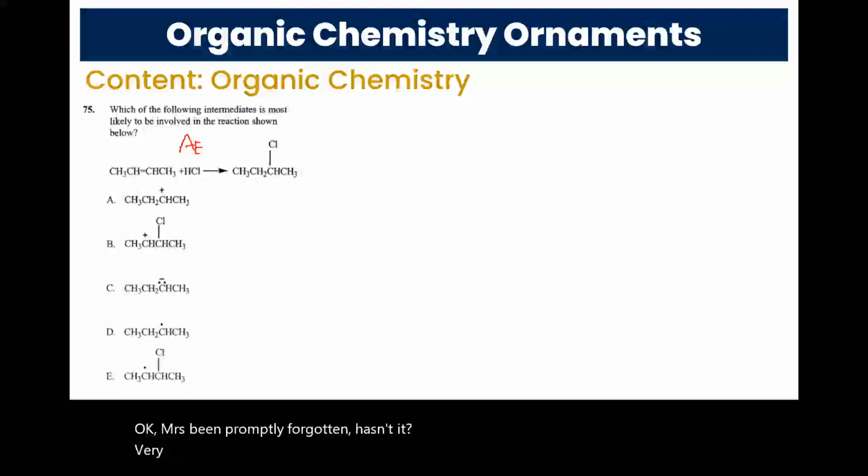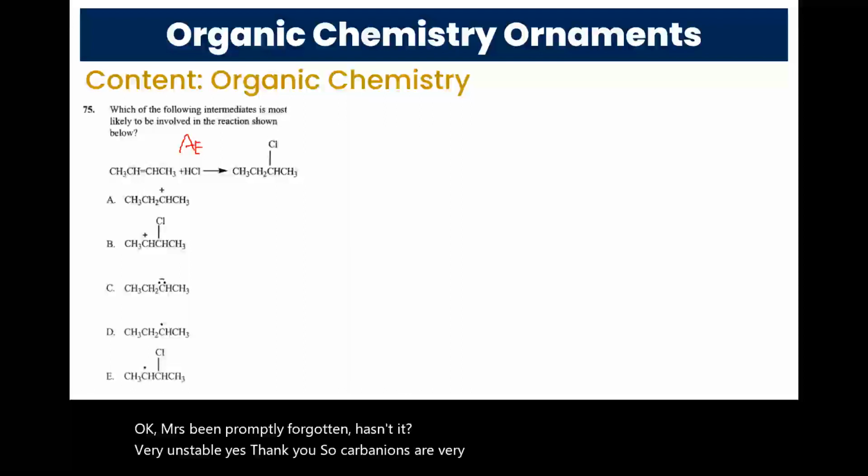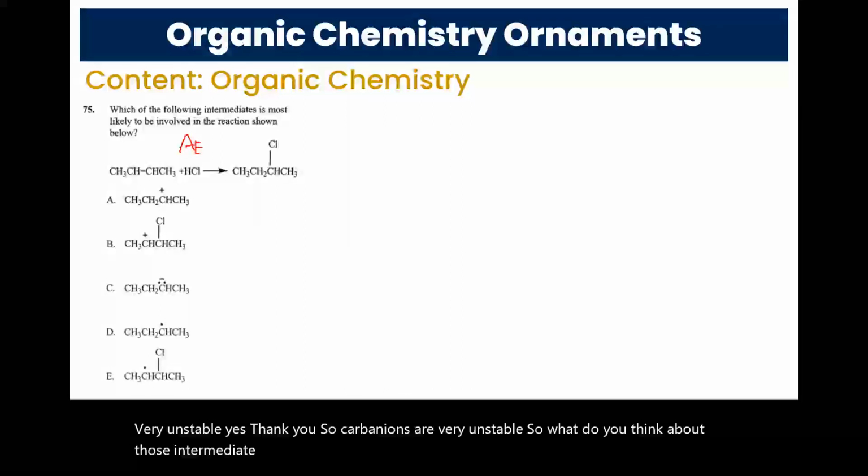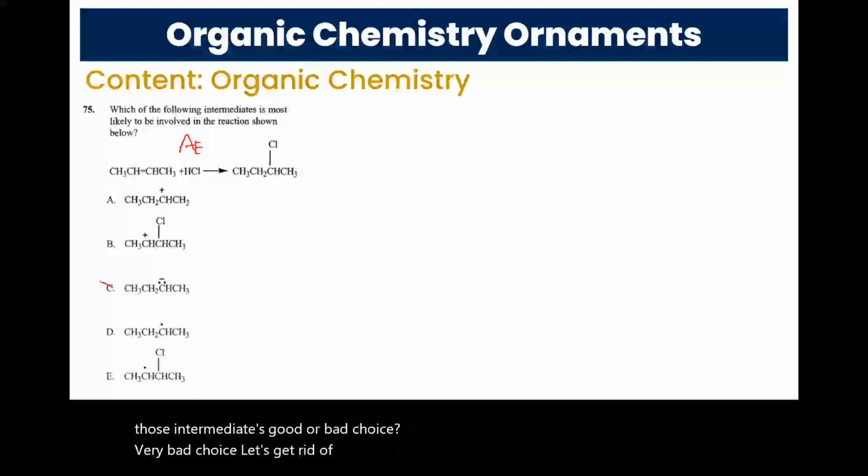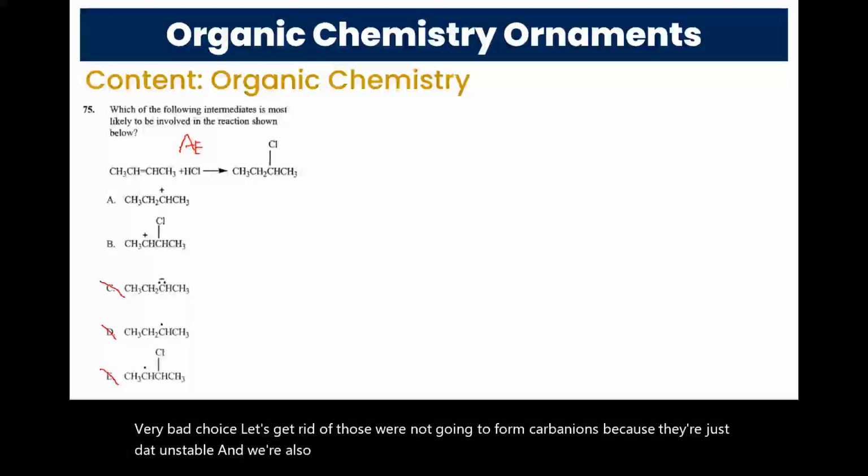Yes, thank you. So carbanions are very unstable. So what do you think about those as intermediates? Good or bad choice? Bad choice. Very bad choice. Let's get rid of those. We're not going to form carbanions because they're just that unstable. And we're also not going to form radicals because that's not the kind of mechanism this is. This is going to be cations.